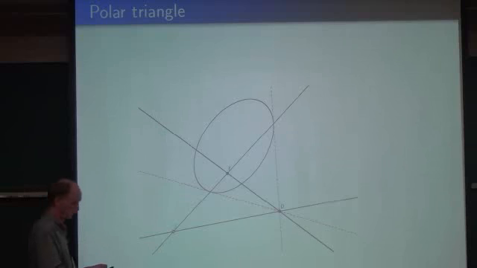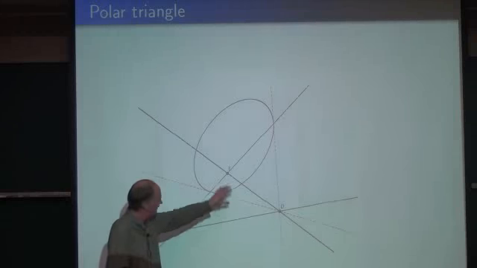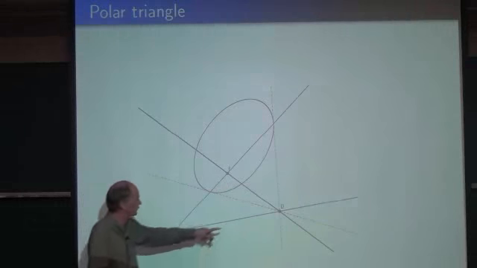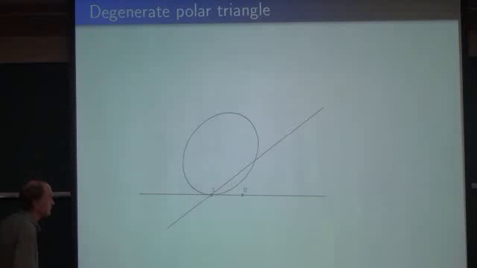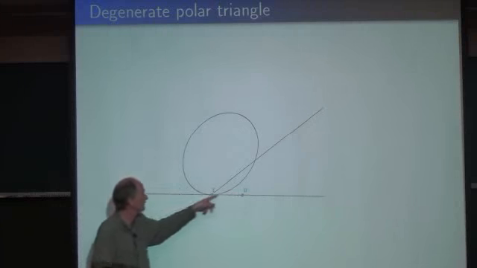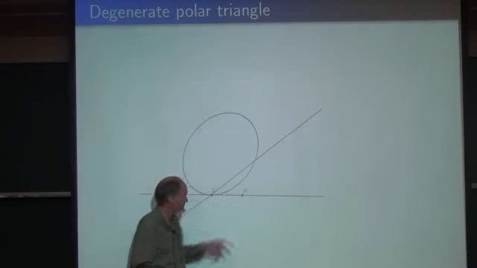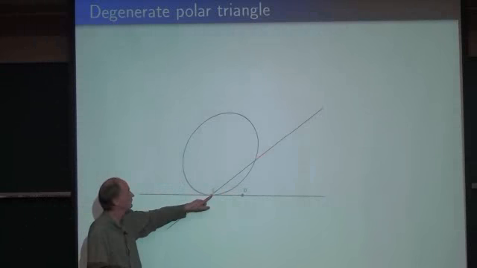Okay. So now I'm going to see what happens when things come together. What could happen? Well, if I go closer to the curve, I get this situation here. So here I start again with this point outside, and I get this polar line, and now I choose the point on the conic.